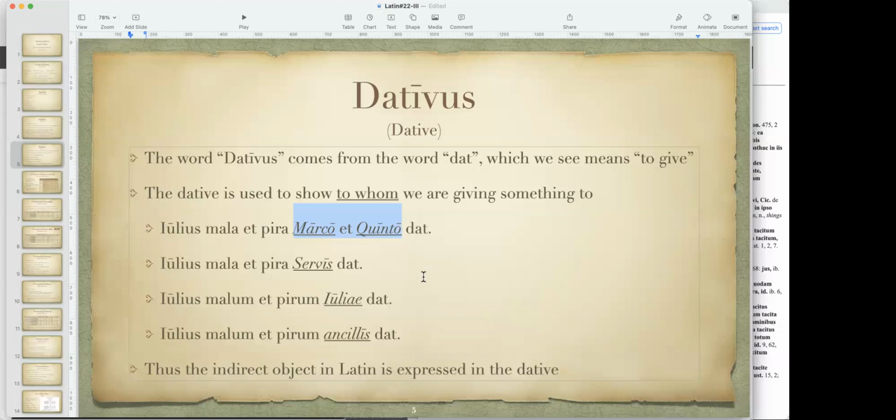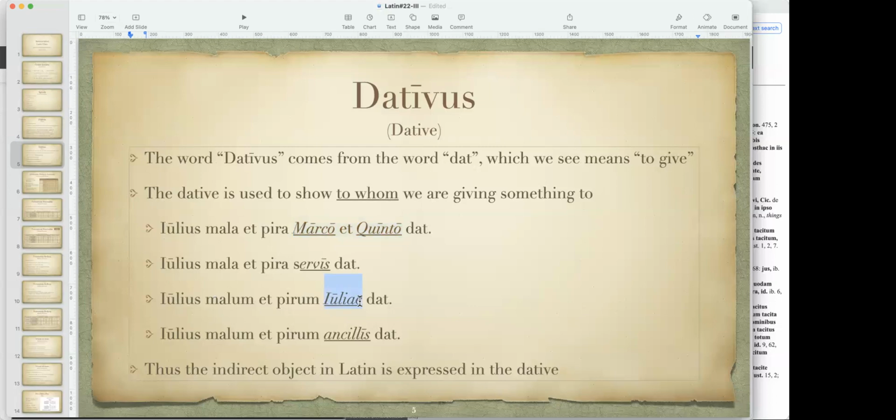But let me continue for a moment. Julius mala et pira servis, that should probably be a dative. Julius gives apples and pears to the slaves. For the feminine, these are the masculine, Julius malum et pirum Juliae dat.